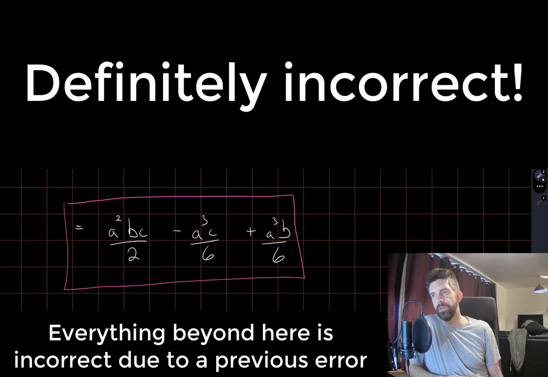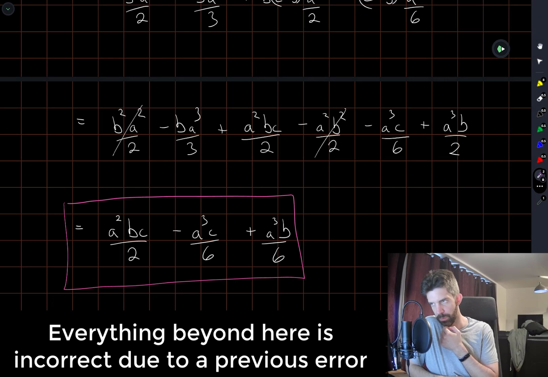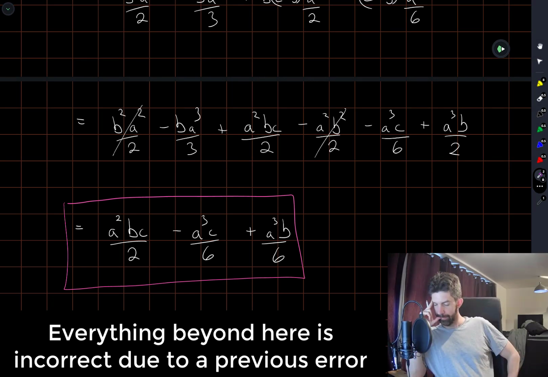Maybe the way to do this would be to assume that a, b, and c are equal, and then look at the excess region, or derive the formula when a, b, and c are equal. That might be more doable. And then, yeah, I'm not sure.